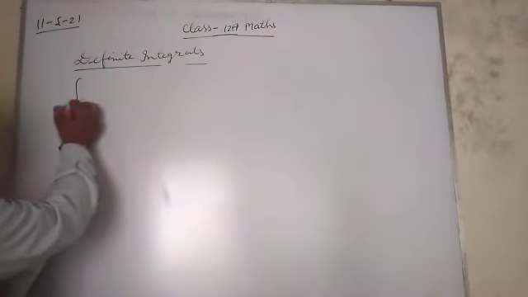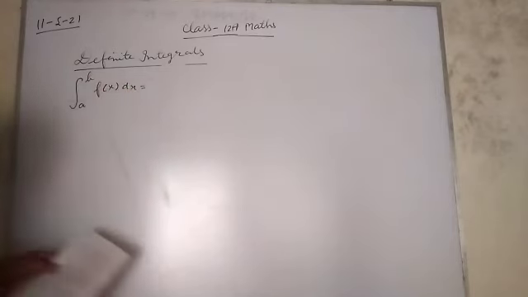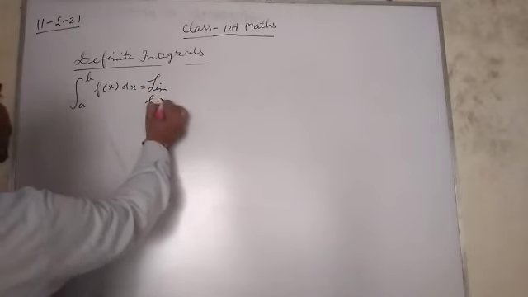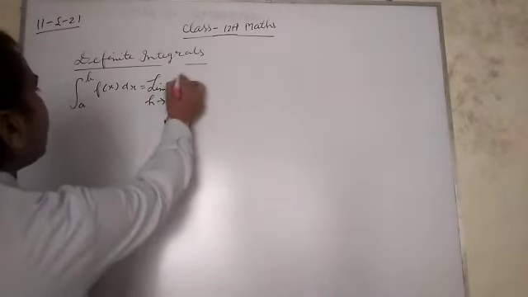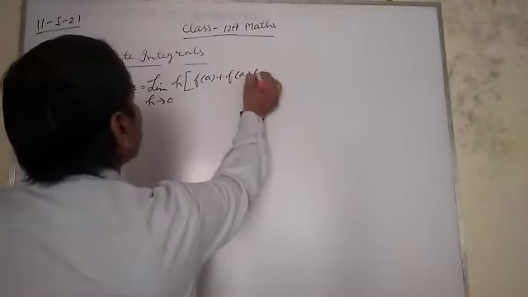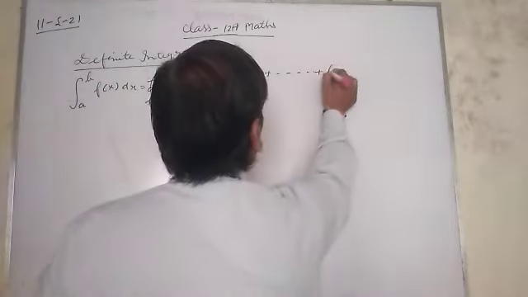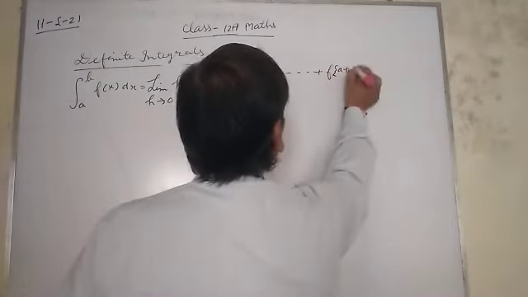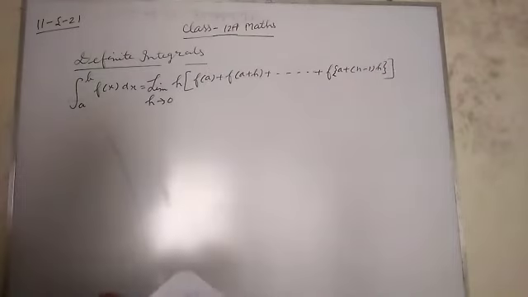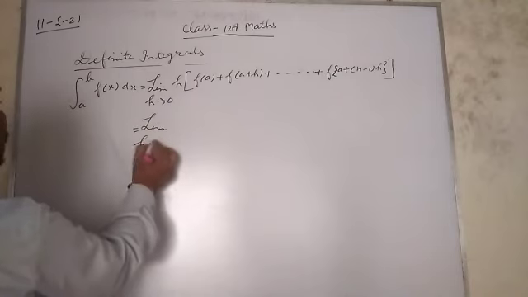Limit a to b f(x) dx is equal to limit h tends to 0, h in bracket f(a) plus f(a plus h) plus dot dot, last term f(a plus (n minus 1) h). This formula you have to use.